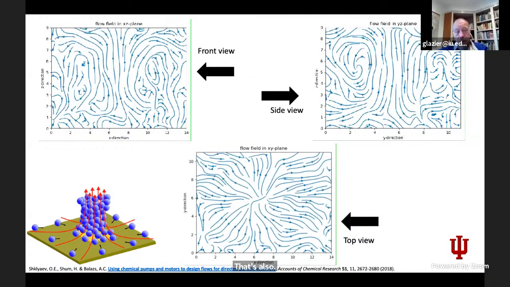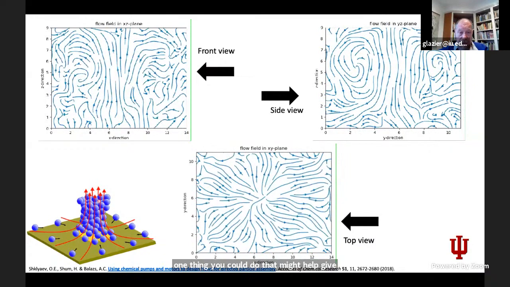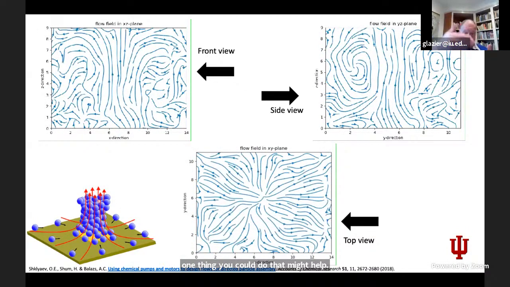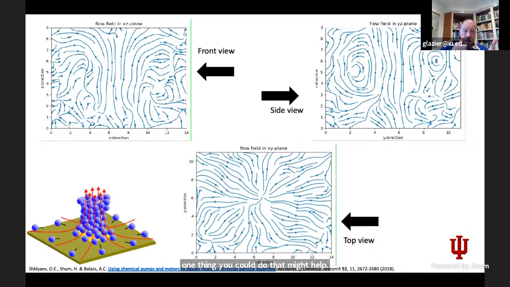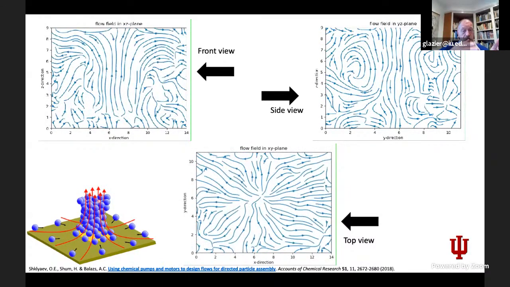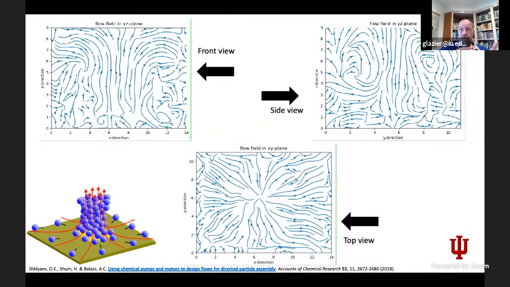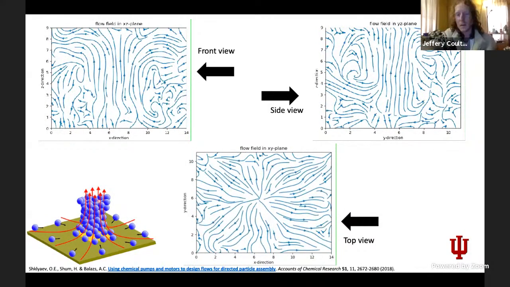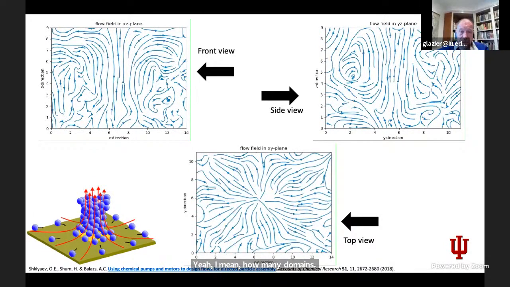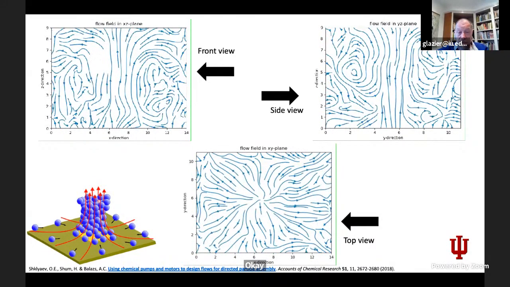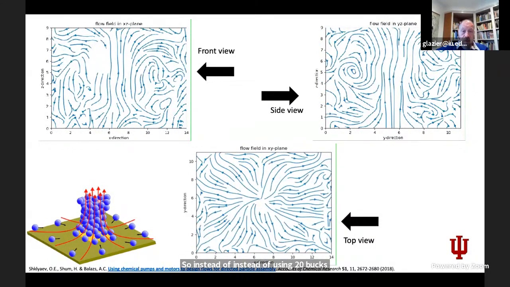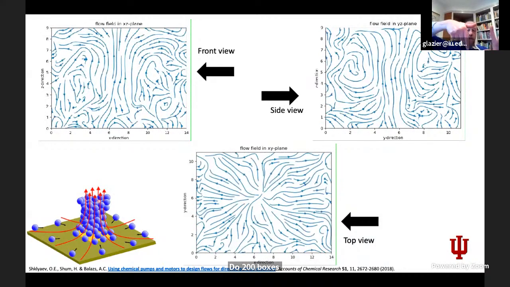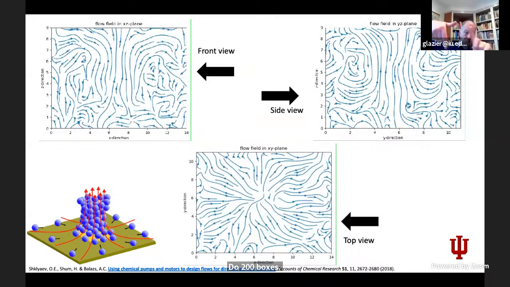I mean, one thing you could do that might help, given how those stream function calculators work, is to take the slice and increase the resolution. So suppose, I don't know how many boxes you're using from left to right. Maybe 20 boxes across. Yeah. So instead of using 20 boxes, do 200 boxes, and then have each box be overlapping boxes that move just a little bit, like this.